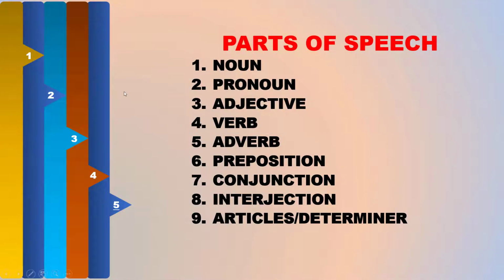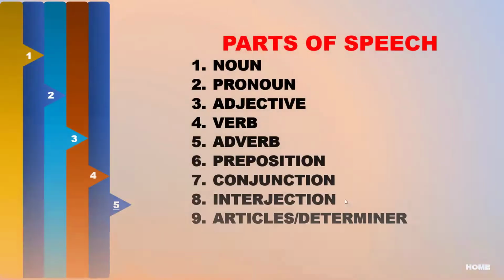So here we have pronoun being the second slide, and from this slide I can as well go back to my first page, which is home page. So I'll click. It takes me back to my first page. Let's click number 4, and number 4 should be verb. So when we click, it takes me to verb, and when you click on this, it takes us back to home.